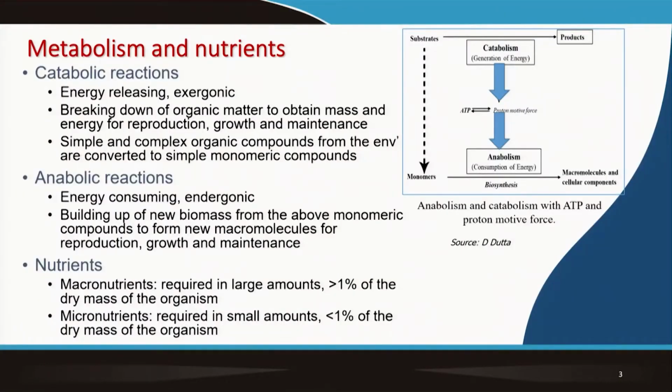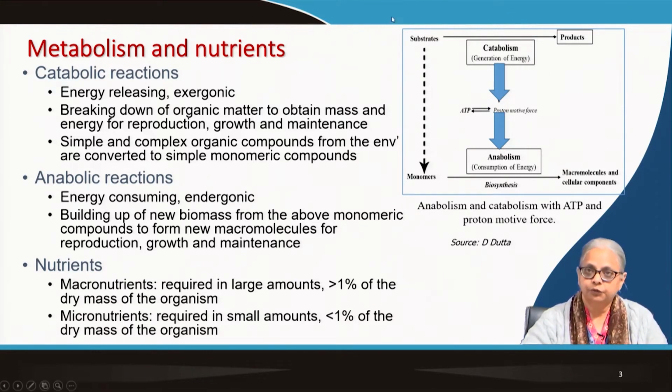So let's take a look at what we mean by metabolism. Metabolism has 2 parts to it, catabolism and anabolic reactions or anabolism. So here we have our substrates. We know that substrates are food for the bacteria, and they take up these substrates. When an organism takes up a particular food or a substrate, that substrate has to be broken down. These are macromolecules.